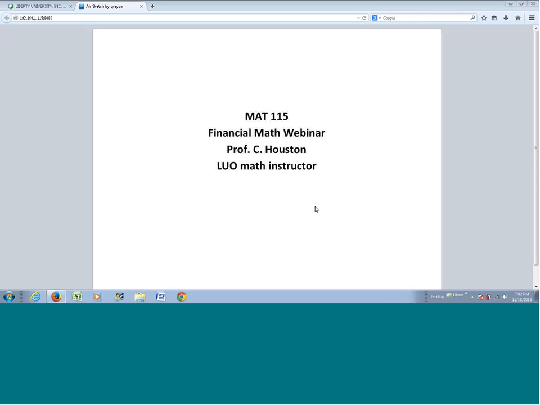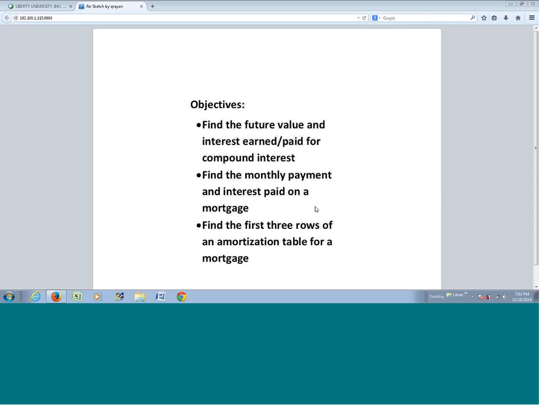Okay, so this is the MAT 115 Financial Math webinar, and the objectives of what we are going to be covering in this webinar: find the future value and interest earned or paid for compound interest, find the monthly payment and interest paid on a mortgage, and find the first 3 rows of an amortization table for a mortgage.